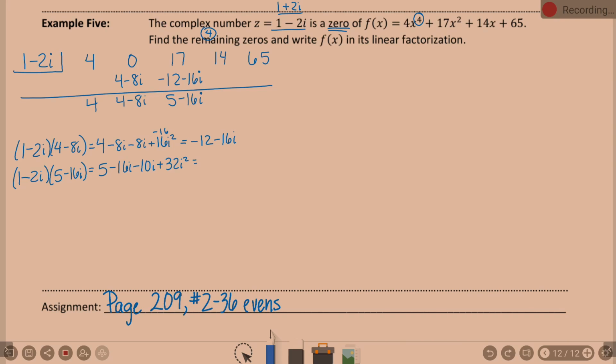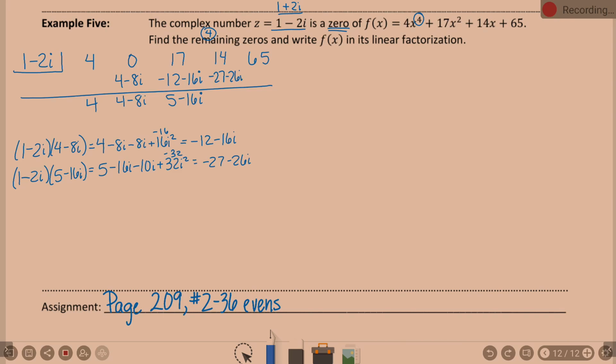So 5 minus 32 is negative 27, and minus 16i minus 10i is minus 26i. Where does this go? Below the 14. So negative 27 minus 26i under the 14.